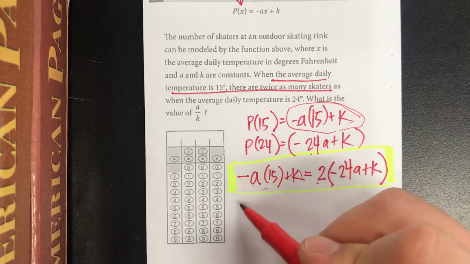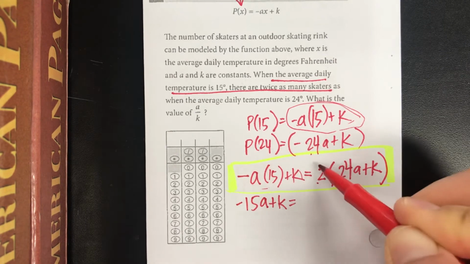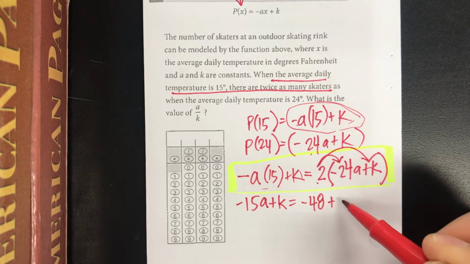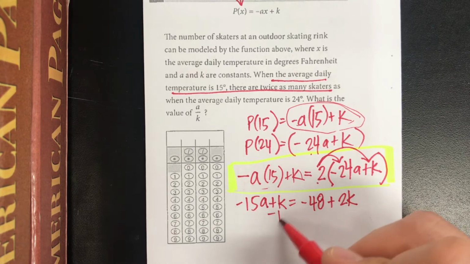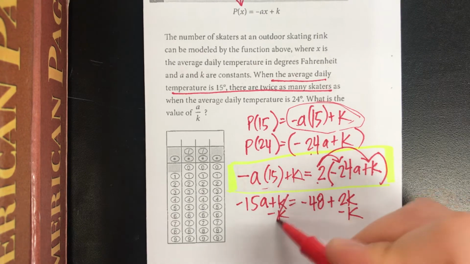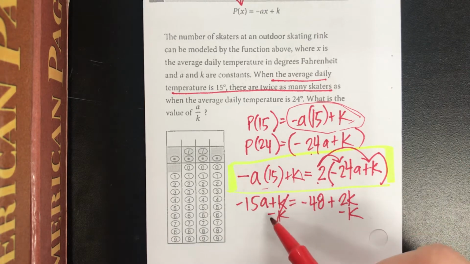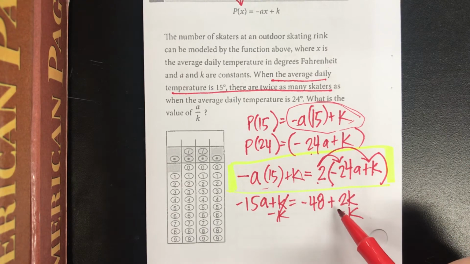Okay, so after this, it's going to become negative 15A plus K equals, and then distribute this to there. It's going to be negative 48A plus 2K. Okay, join the K's together. So negative K, so that one crosses out. And then what you're going to have here is 15A plus K equals that.